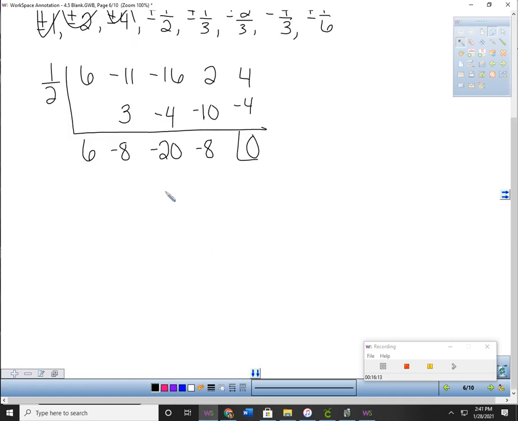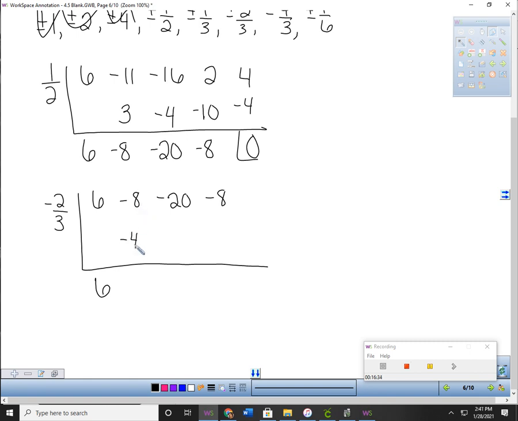Then we have already decided, right, that we're going to use the negative 2/3 and divide again. So drop your 6, your negative 8, the negative 20, and the negative 8. Drop the 6. Negative 2/3 times 6 is negative 4.